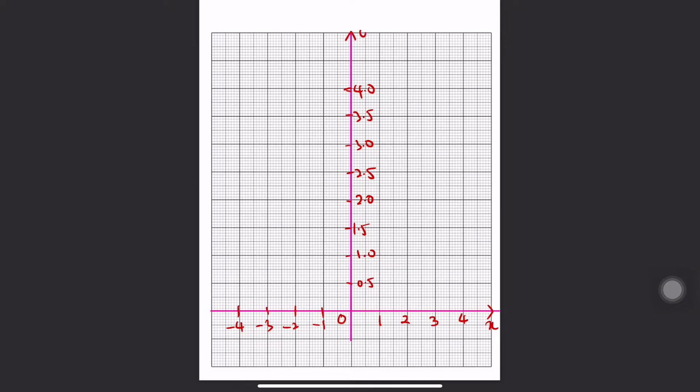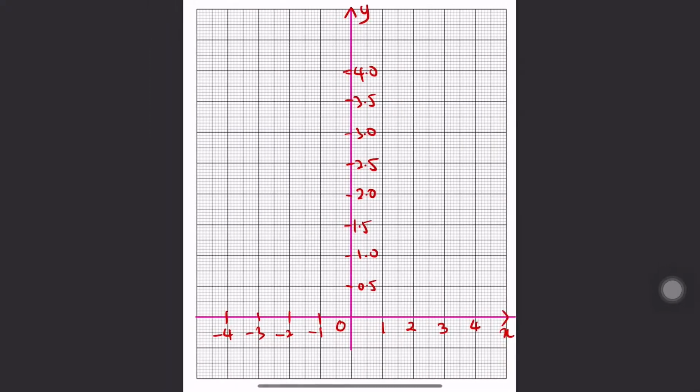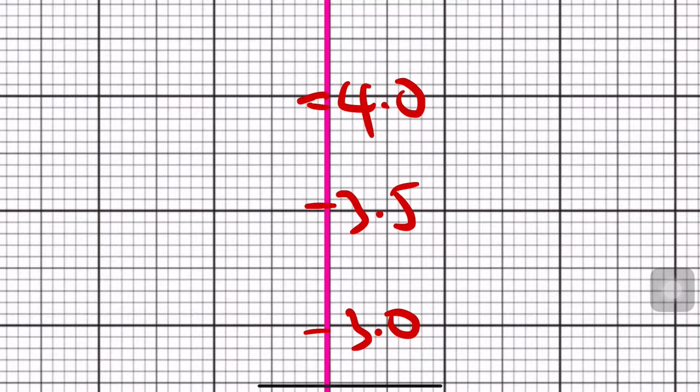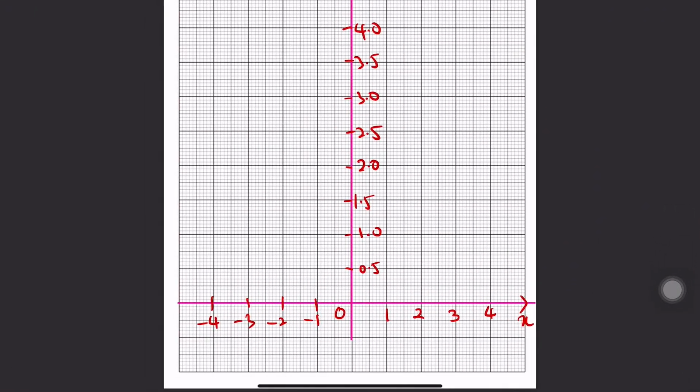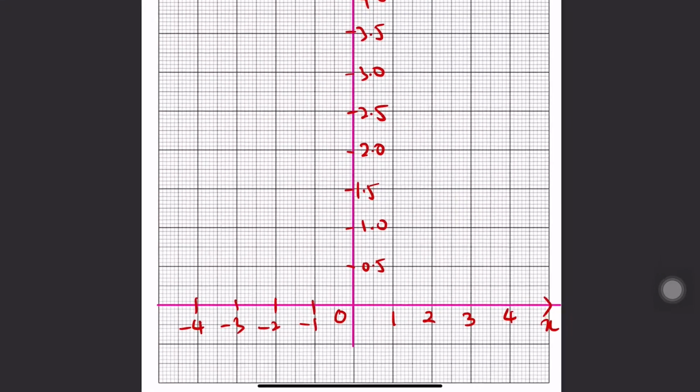So this is y. Please, if you draw your graph, draw it neatly. Don't be careless. Most teachers don't like to see your graph messy. Please draw it nicely.